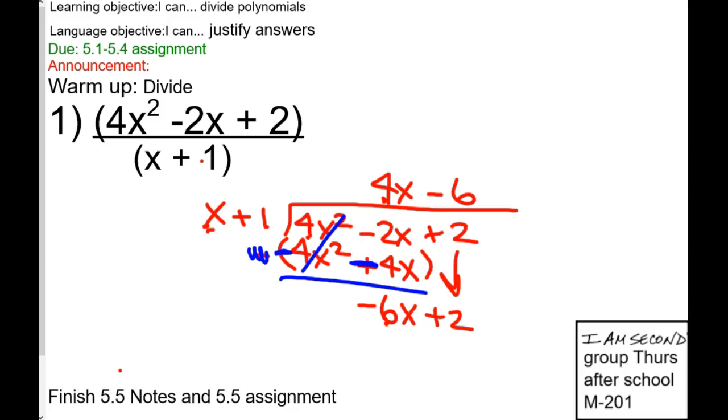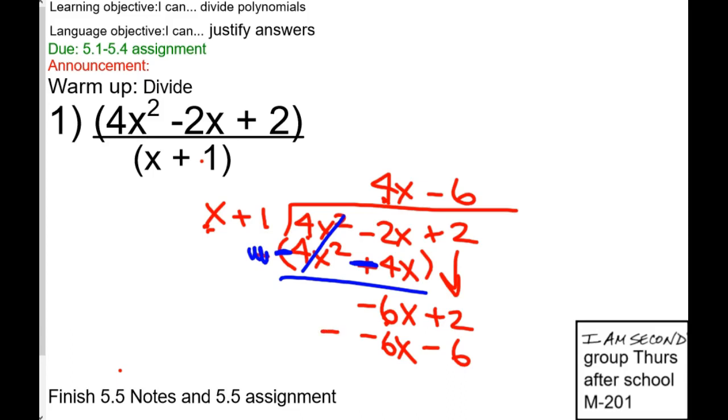Now, let's multiply this. Negative 6 times x, negative 6x. Careful here. Negative 6 times 1 is negative 6. This is a situation where they're not perfectly matching, so we're going to have a remainder, okay?